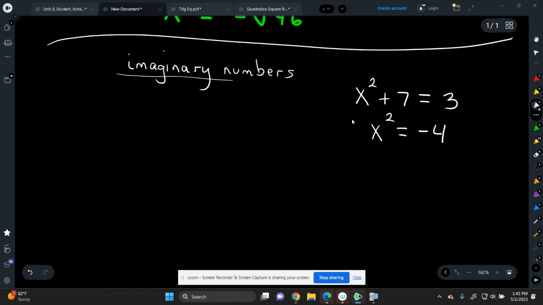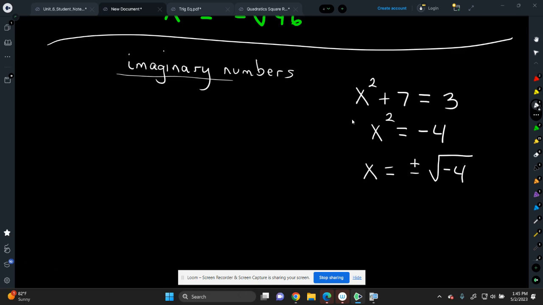Now we take the square root of both sides and we get x equals plus or minus the square root of negative 4. So what do you think about that? You can't do that. Can't do it in the real number system. Yeah. But we can see that it actually happens.